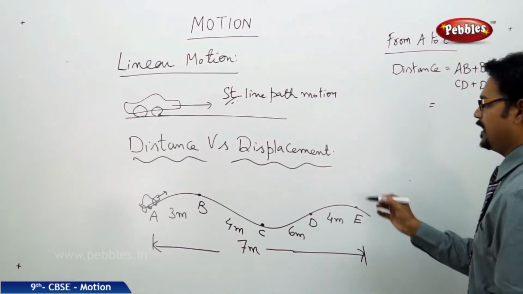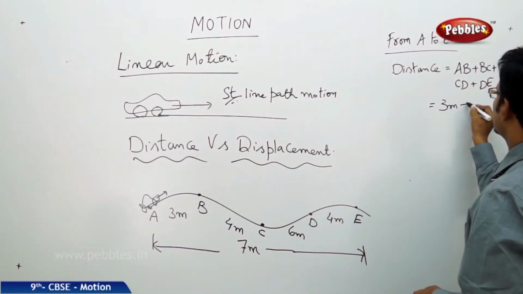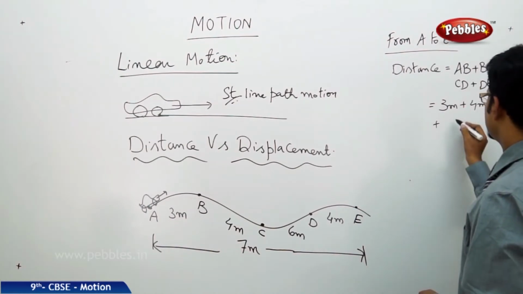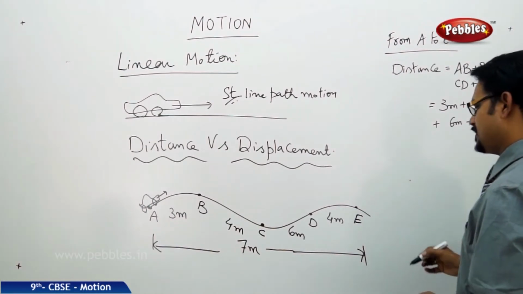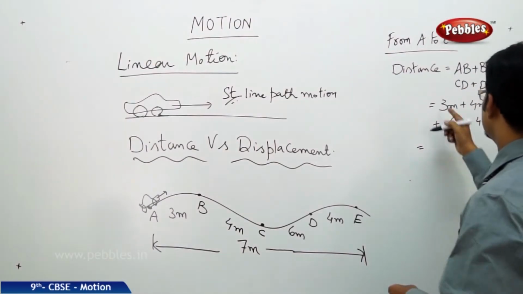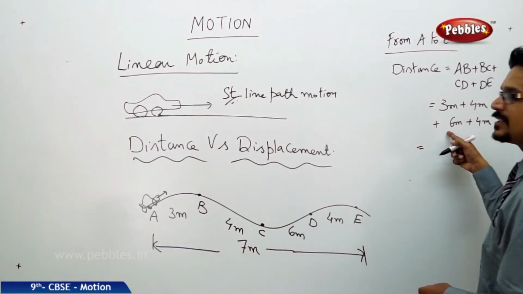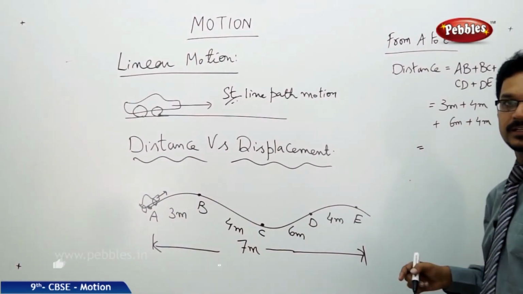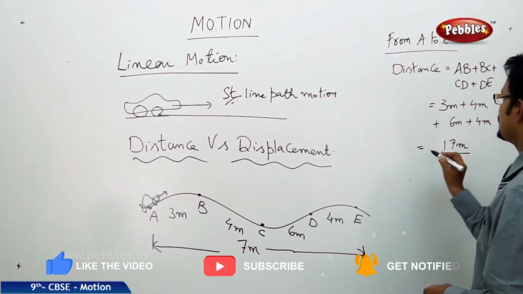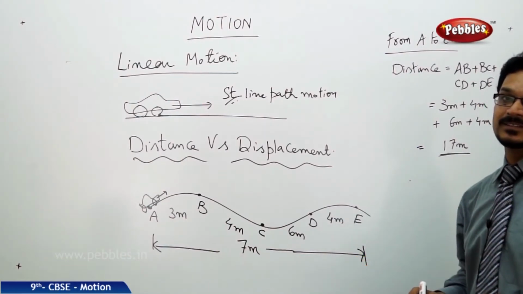That is, AB is 3 meters plus BC is 4 meters plus CD is 6 meters plus DE is 4 meters. So total how much? 3 plus 4 is 7, 7 plus 6 is 13, 13 plus 4 is 17. The distance is 17 meters.